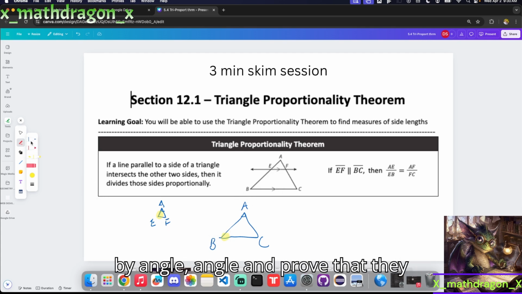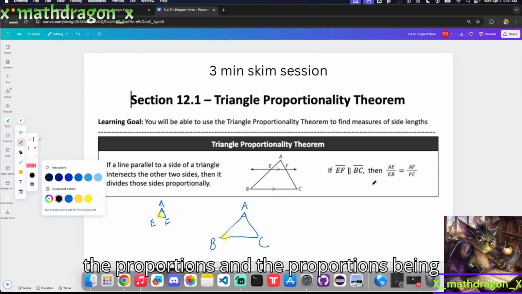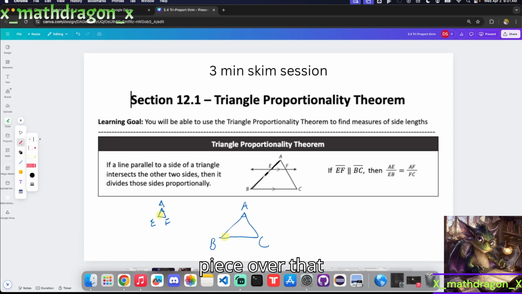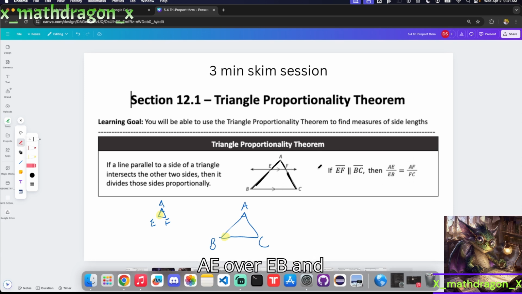So you could do it by angle, and prove that they are similar, and then use the proportions. And the proportions being that this piece over that piece equals this piece over that piece. And that's what's shown here, AE over EB and AF over FC.